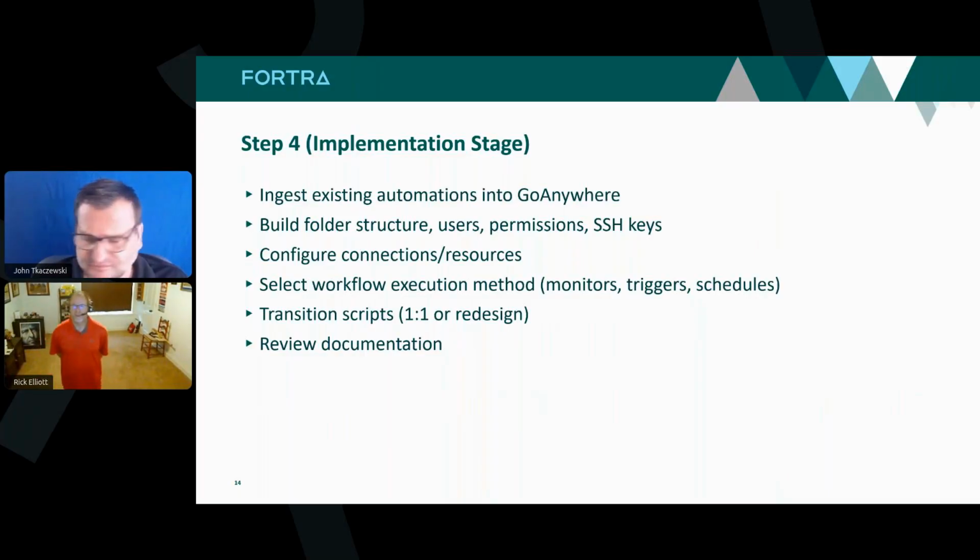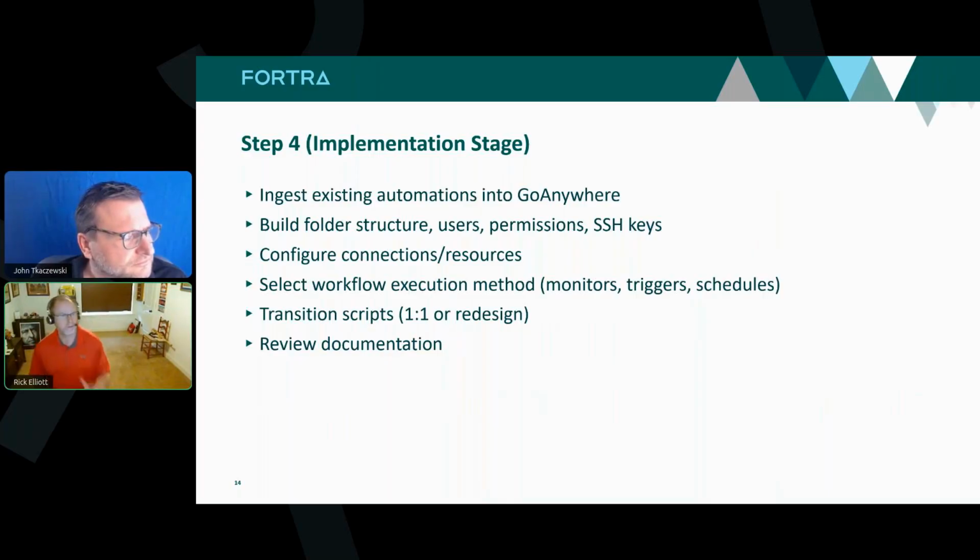So at this stage, what we're looking at is basically taking what you currently have in your current business process and starting to ingest that into GoAnywhere. Meaning you have, let's say, 500 automations in your current system, and you have cron jobs.